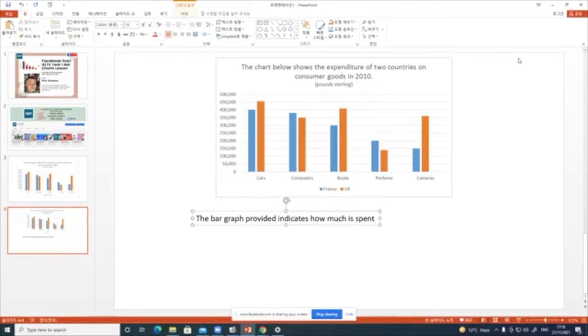Instead of expenditure of, we've got how much is spent on consumer goods. We're going to keep consumer goods the same. If we want to put more detail, we can say on 5 consumer goods, and then we can list them. Cars. Maybe we'll do that.